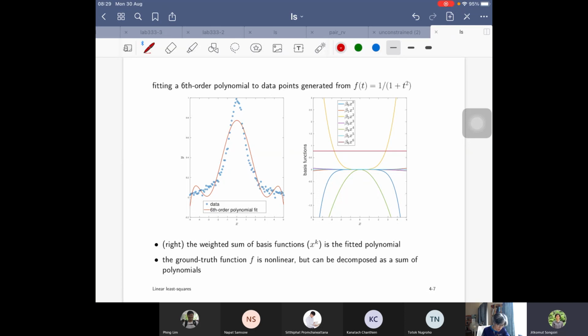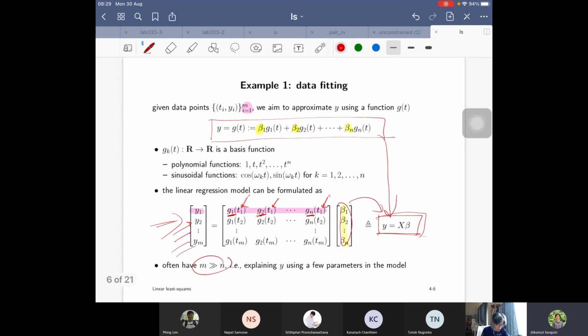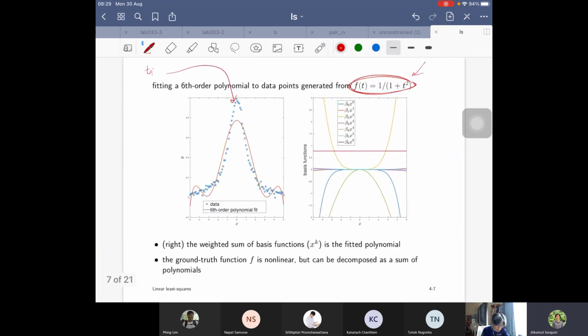Now let me show you some numerical examples. On the back end, I generate t_i, and I generate the function values according to this equation. This is a nonlinear function in t. And then the data points are given by the blue dots. I want to approximate the blue dots.